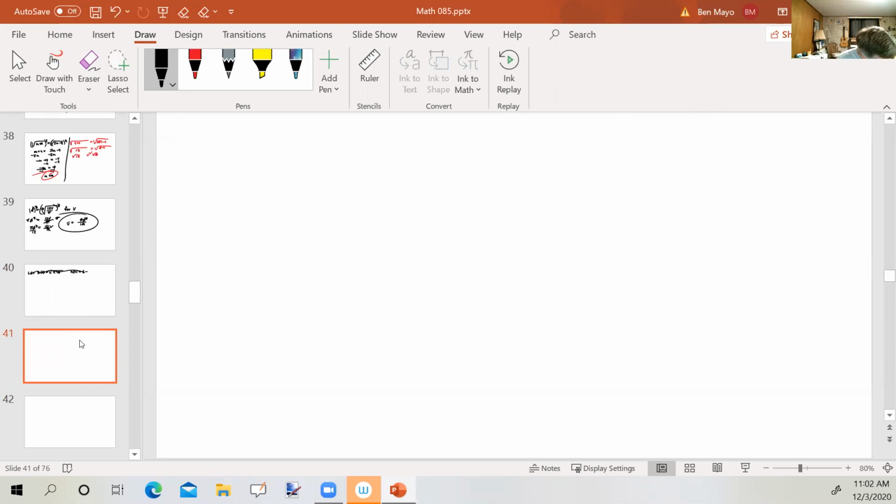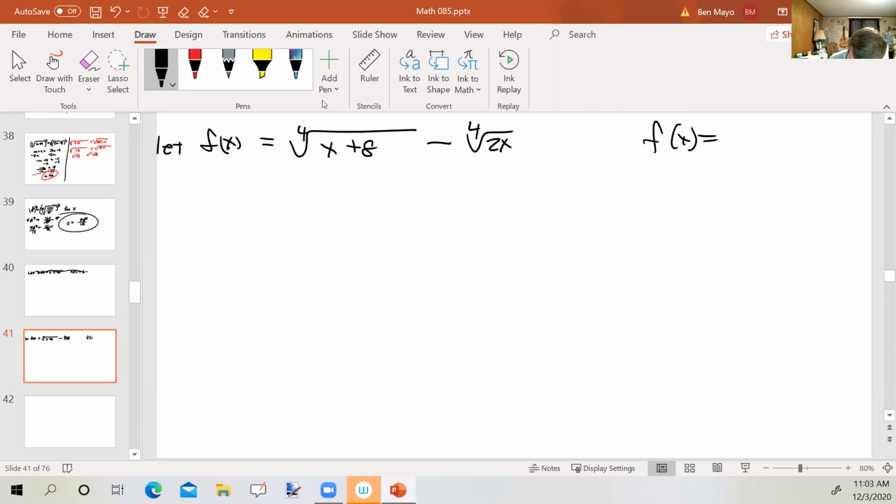Let f of x equal the fourth root of x plus 8 minus the fourth root of 2x. Find all values of x for which f of x equals 0. So basically, we're going to set this whole thing equal to 0.